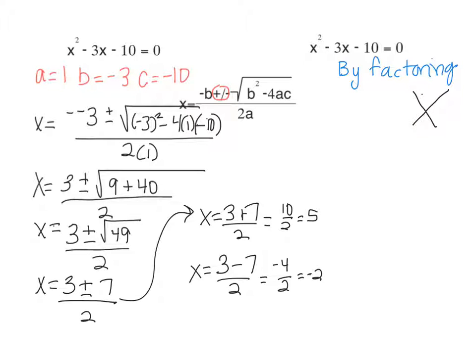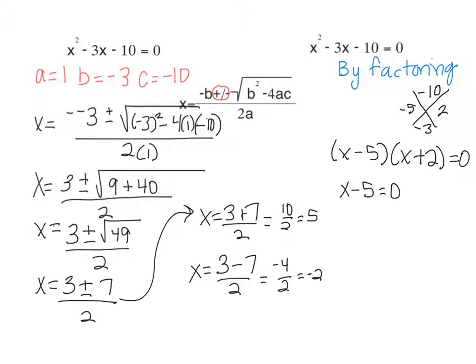So my diamond problem is going to look for two numbers that multiply to negative 10 that add to negative 3. And those numbers happen to be a negative 5 and a positive 2. So I'm going to put those in my factors, x minus 5 and x plus 2, and they are going to equal 0. All right, then the zero product property tells me I'm going to do x minus 5 equals 0 and x plus 2 equals 0.